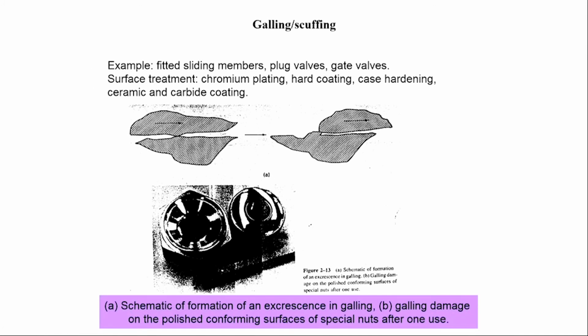Galling wear or scuffing wear is another kind of wear where there is flow of the material at the interaction point rather than removal of the material. When one among the combinations is highly ductile in nature, because of adhesive joint formation and subsequent shearing force acting on the component and also sliding motion, there is a flow of material from the softer or more ductile material of the combination.